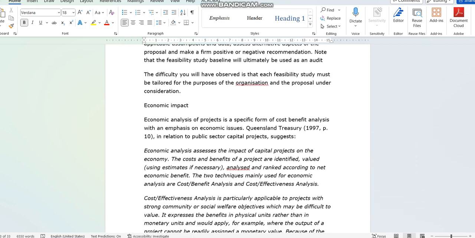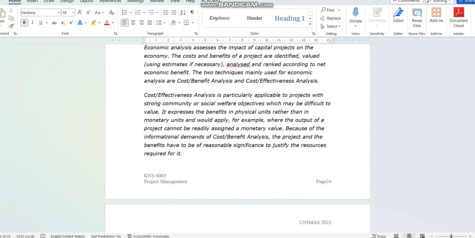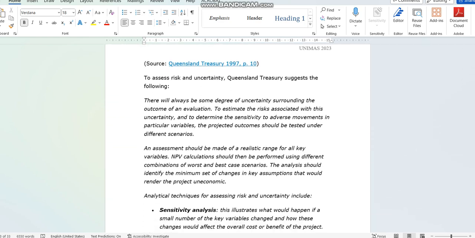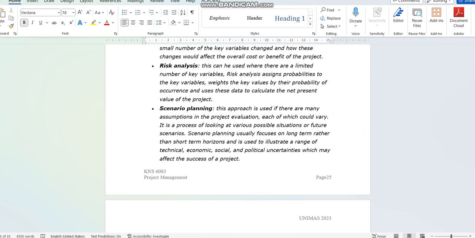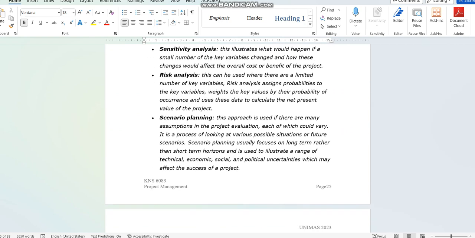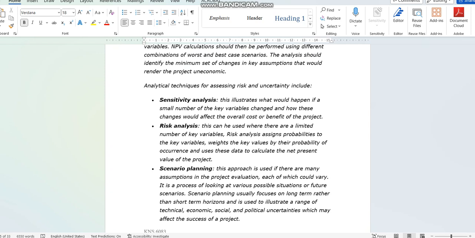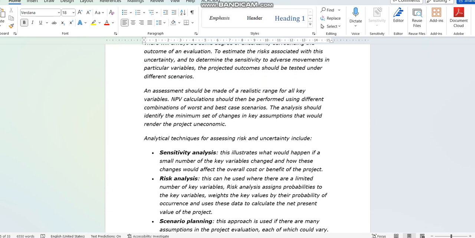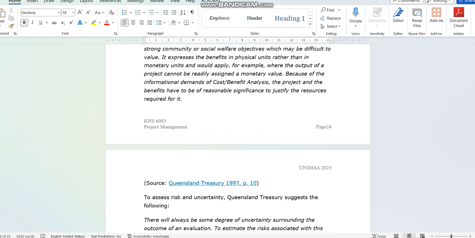So you see, economic impact is studied in a different way, you see. And then social impact, we also have sensitivity analysis and risk analysis and scenario planning. These are all techniques for assessing the risk and all that.